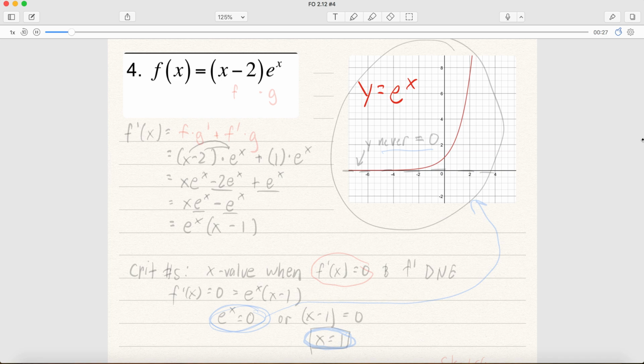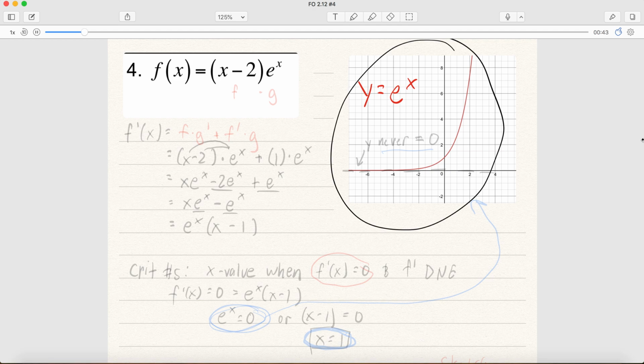But before that, I just want to show you this graph of y equals e to the x over here, because I think that's really important to helping us do this problem in the long run. As you can see, y equals e to the x is an exponential graph.